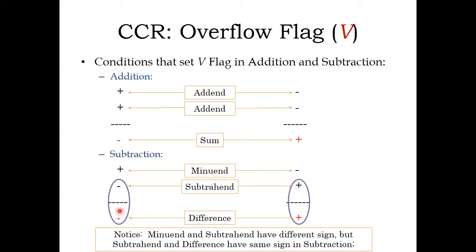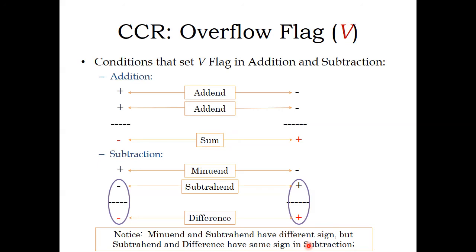So if the minuend and subtrahend have different signs, but the subtrahend and the difference have the same sign, like this one, where the minuend is positive, the subtrahend is negative, and the difference is negative, or this one where the minuend is negative but the subtrahend and the difference are positive, in both cases your V flag is set.